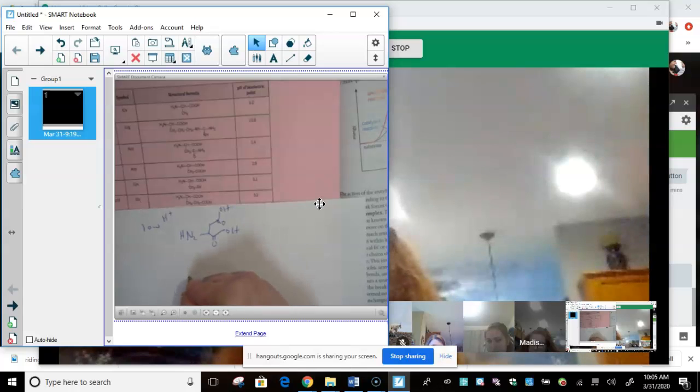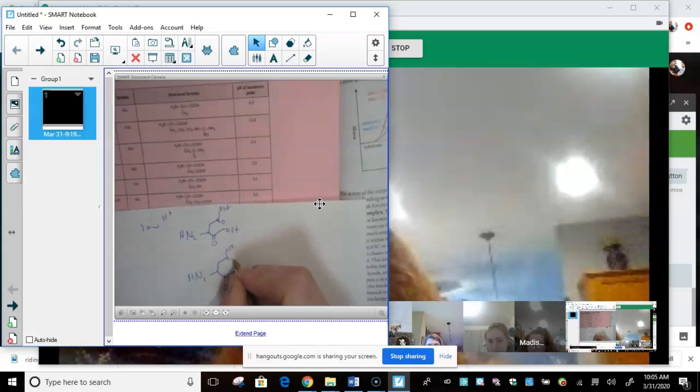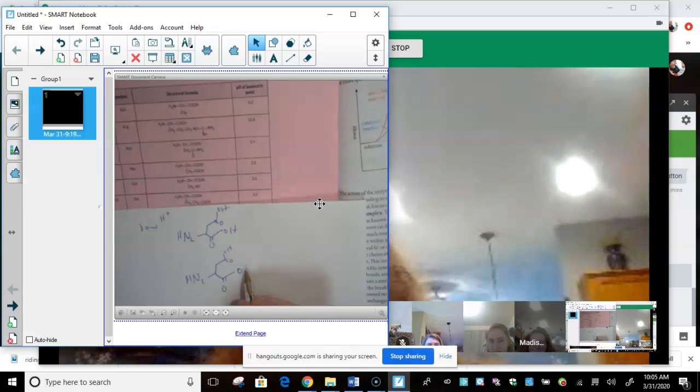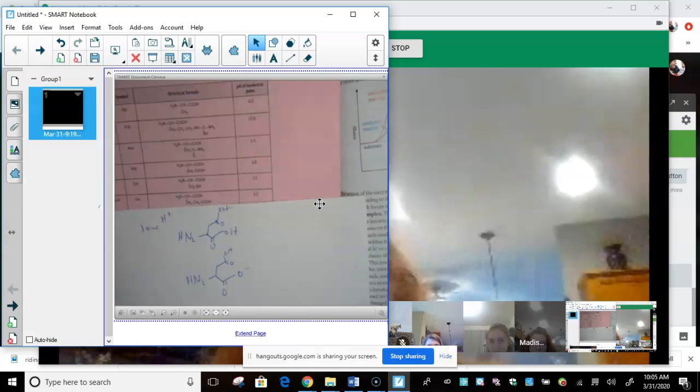So this would then be something like this. And if it's an extremely low H plus environment, then you'd lose the other H also. But the main idea, it forms a negative charge if it's a pH of 5, and this is glutamic acid.